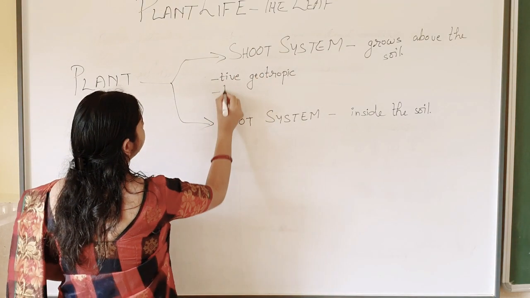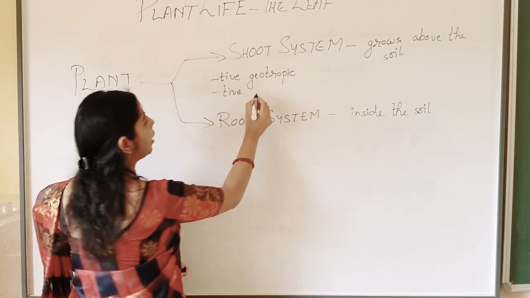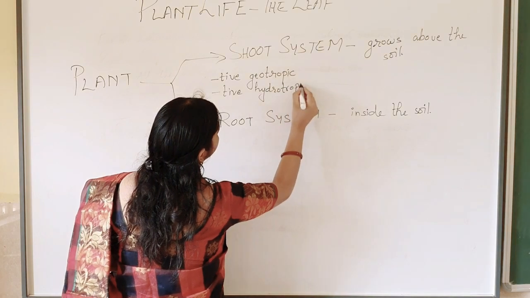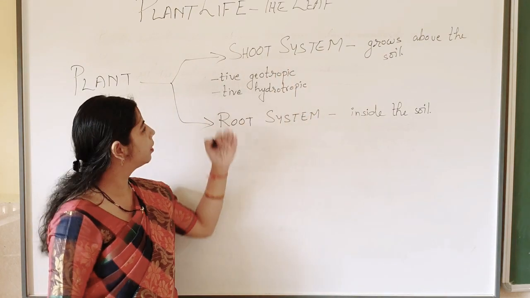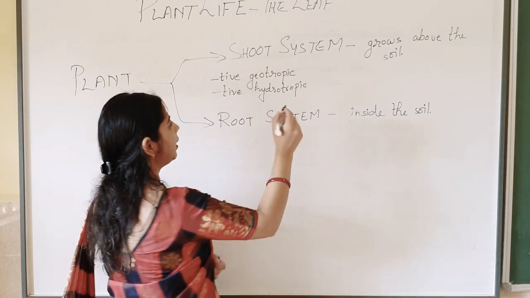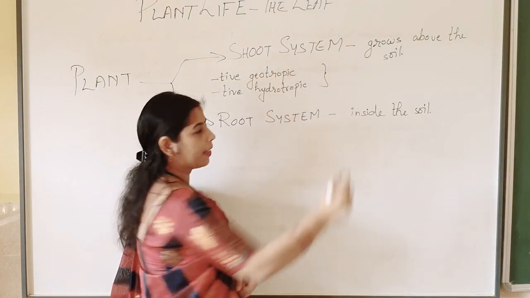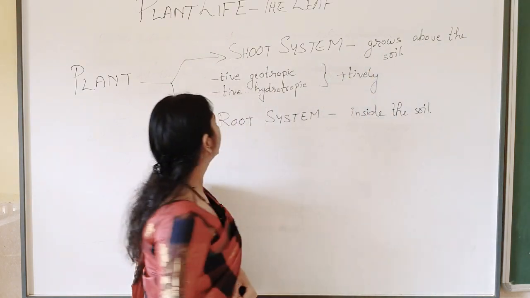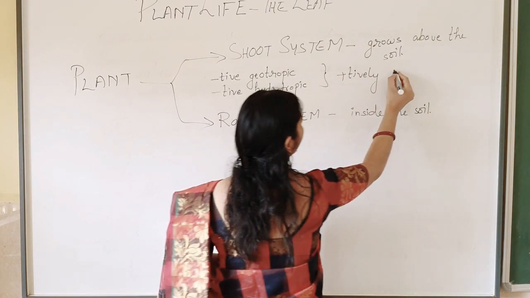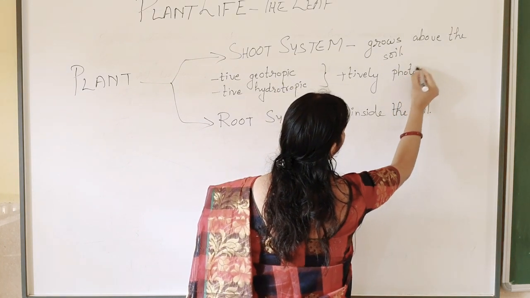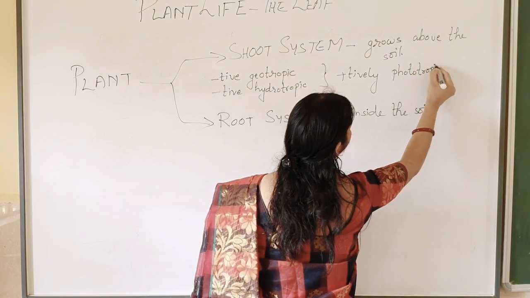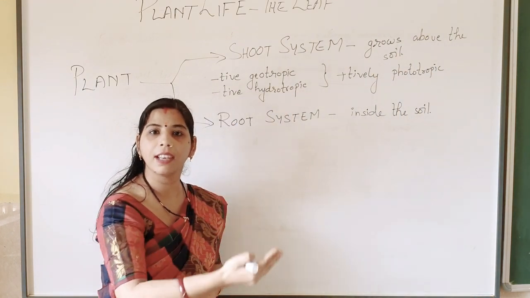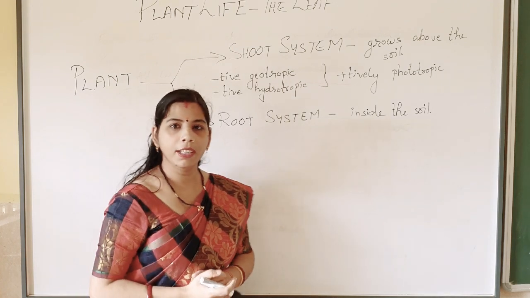Shoot is also negative hydrotropic. That means it also grows away from the water, but the shoot is positively phototropic. Phototropic means it grows towards the sunlight, as you already observed.